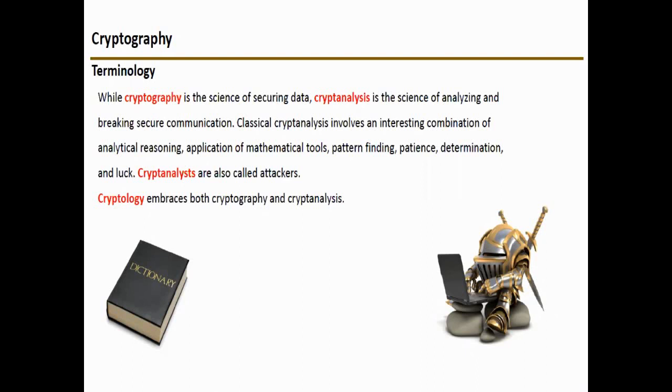That analysis helps me understand if any loophole exists and to cover that loophole in a very efficient way. So these are two processes: one is generating the ciphertext, which is called cryptography, and the other is analyzing the process by which the ciphertext is made, to make it stronger.